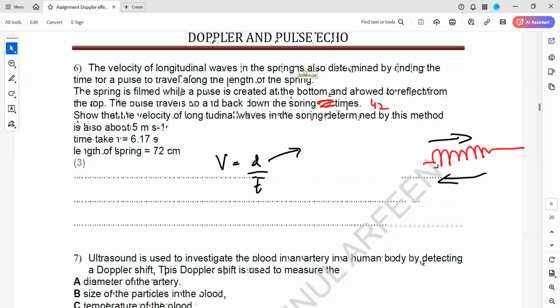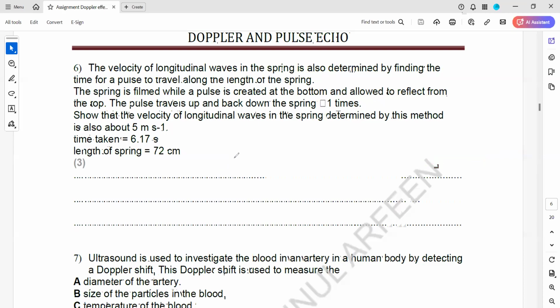One is by using the pulse length. If I know the length of the pulse and I know the time interval for one pulse, I can use the formula speed is distance over time, and determine the speed.